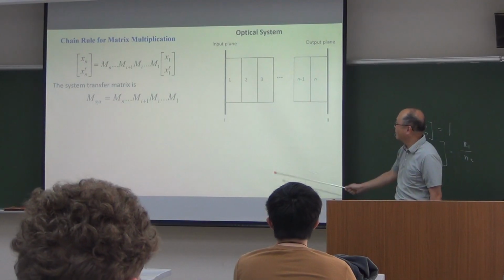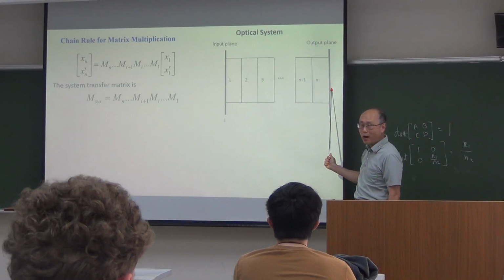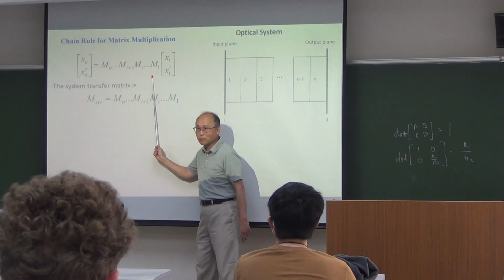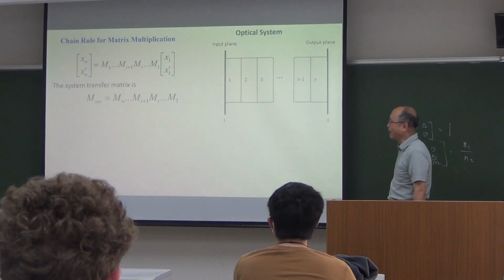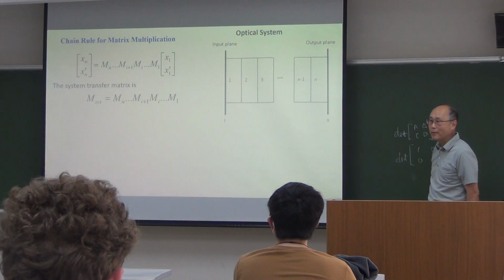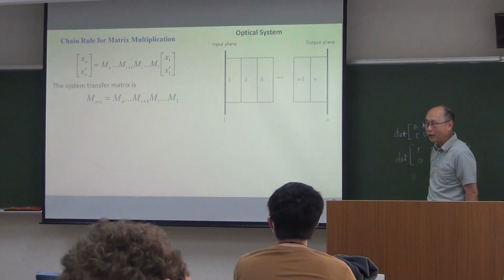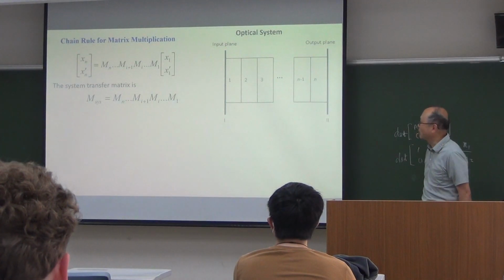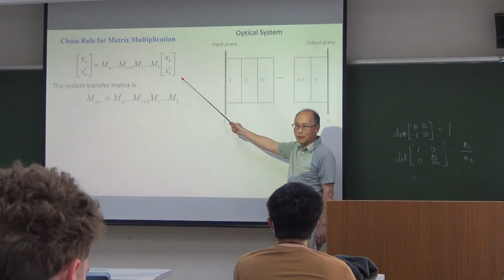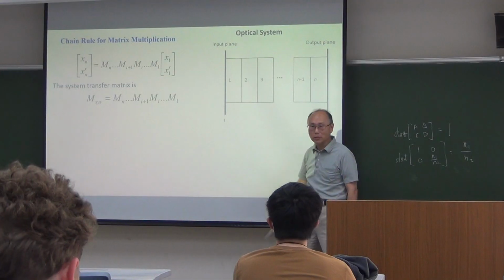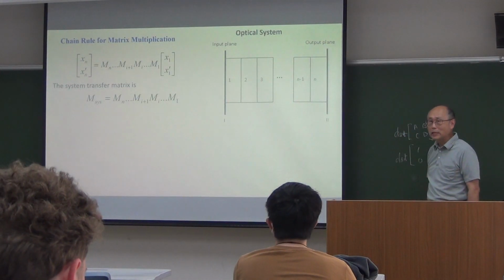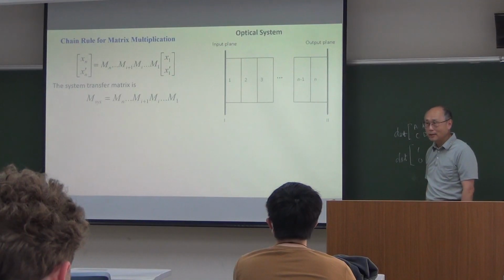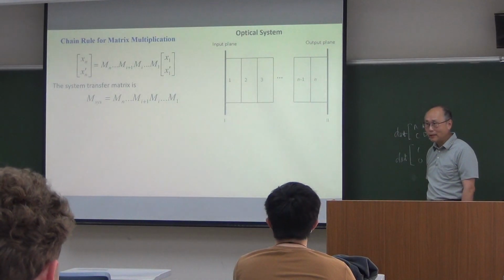And if you want to figure out the output ray versus input ray, then you do these matrix multiplications. Okay, so this will simplify your calculation and your effort to understand an optical system, because you can put this into MATLAB, and then with one click, it does the calculation for you. So this is the whole purpose of talking about the ray matrix. Right? Any question?